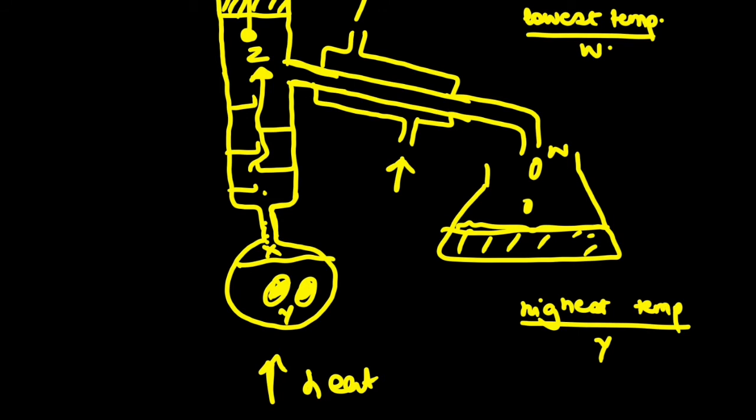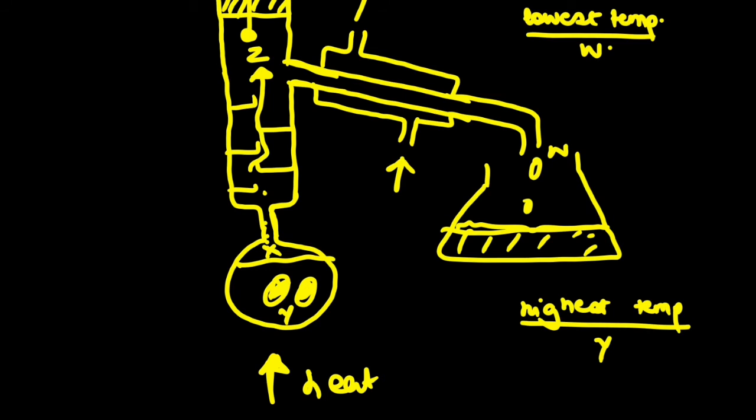Condensed water has lower temperature, so that's why there will be the lowest temperature at W. And why the highest temperature at Y? Because it is under direct heat. Whenever it's being heated, it will have the highest temperature. Now vapors will escape, reach Z, and then through the Liebig condenser reach the conical flask. That's one portion.